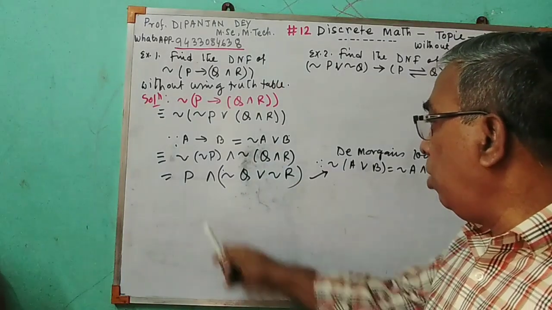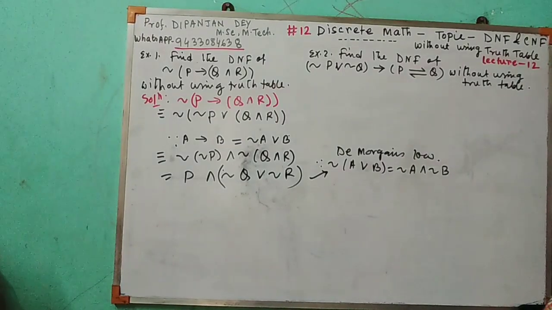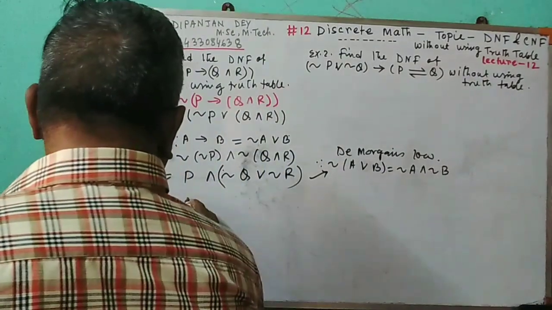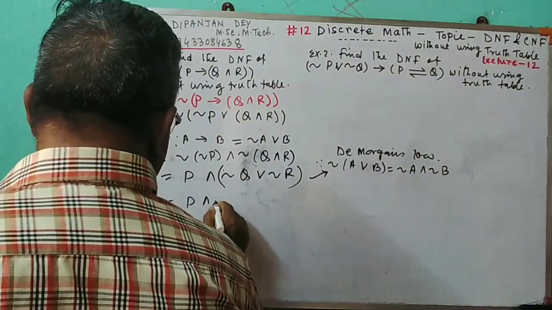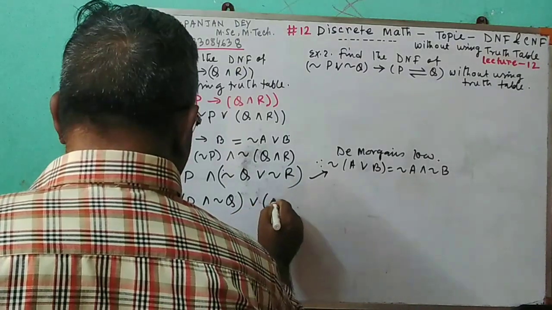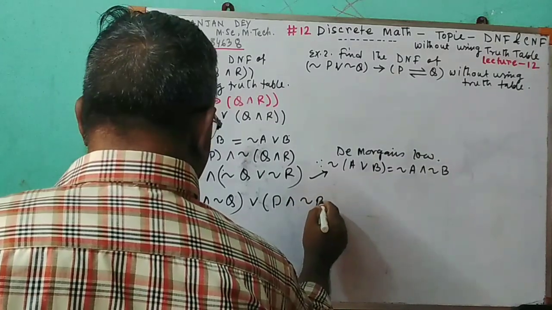So now P with this. Which formula am I applying here? Tell me. Distributive law. That is P conjunction negation Q, disjunction P conjunction negation R.